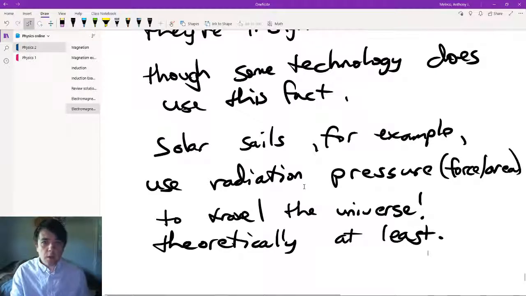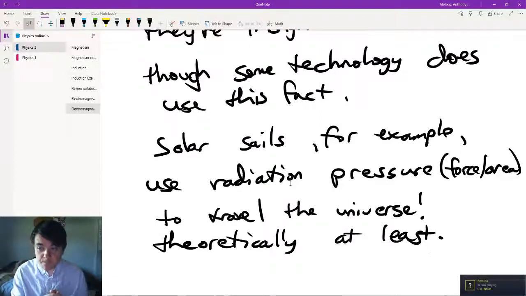So to sum it up, in this lecture you learned about EM waves, and they stem from the fact that electricity and magnetism, we've been talking about this for some time, are inextricably linked, okay? And so they cause EM waves to happen.